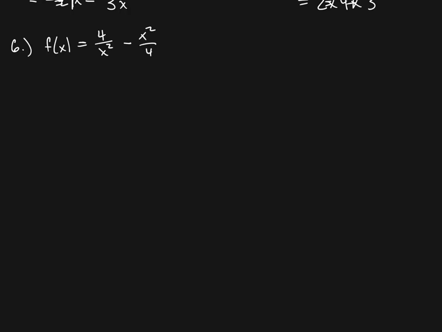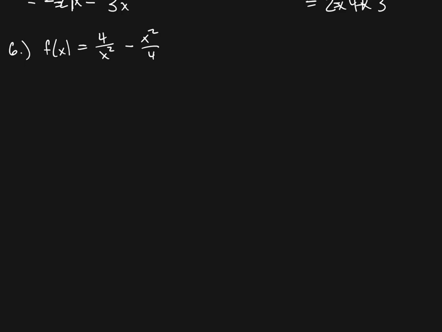Now it's important that we recognize that we can rewrite this as 4 times x to the minus 2, because it's 4 times 1 over x squared, which is the same as 4 times x to the minus 2. So that's this component, right? This component is this term.